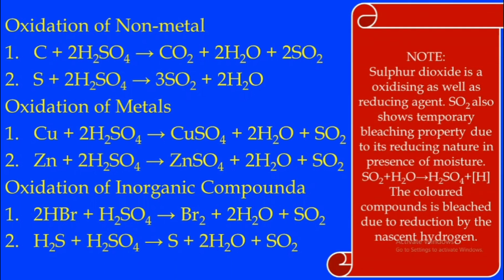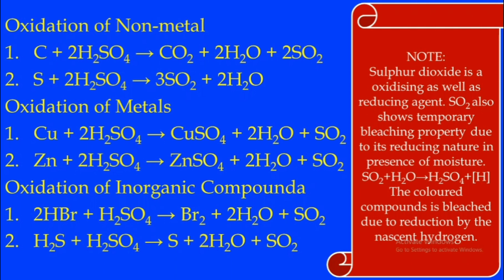You must note here sulfur dioxide gas is oxidizing as well as a reducing agent. Sulfur dioxide shows temporary bleaching property due to its reducing nature in presence of moisture. Sulfur dioxide when reacts with moisture or water, it gives nascent hydrogen.